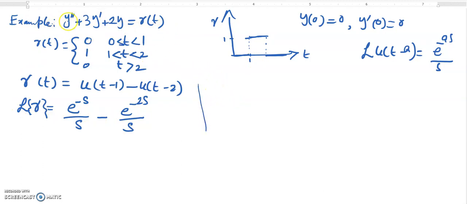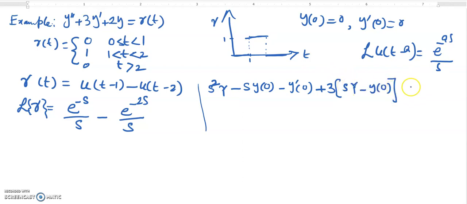Now we can take the Laplace transform of the left hand side. The Laplace transform of the second derivative is s square Y, where capital Y is the Laplace of y, minus s times y(0) minus y prime 0, plus 3 times, for y prime, s Y minus y of 0, plus 2Y.